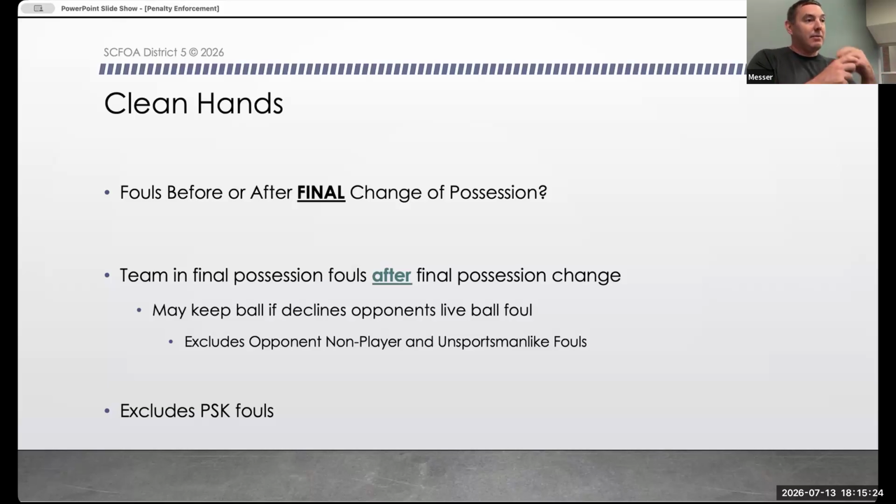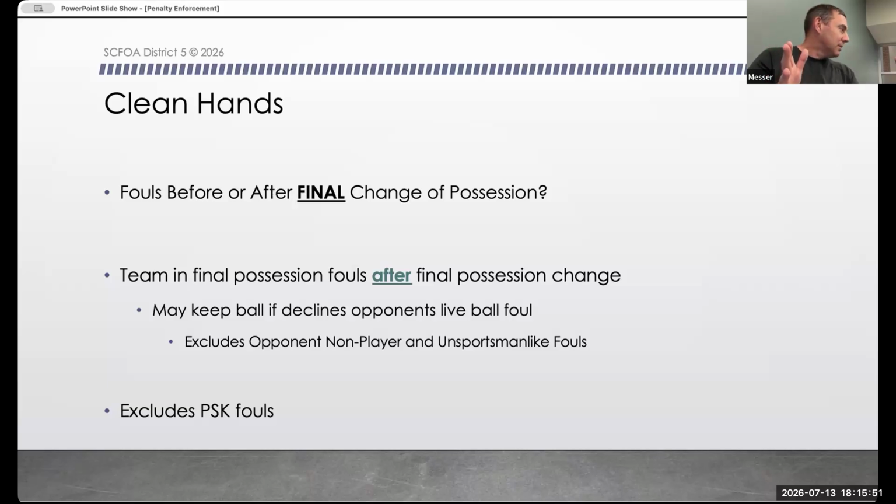And then A gets the ball, recovers the fumble, right? Did B's foul occur before the final change of possession? Yes. So can B keep the ball? No. Because you got fouled by both teams. You had a foul by A for the face mask, and you had a foul by B for the illegal block. So you have an automatic double foul.